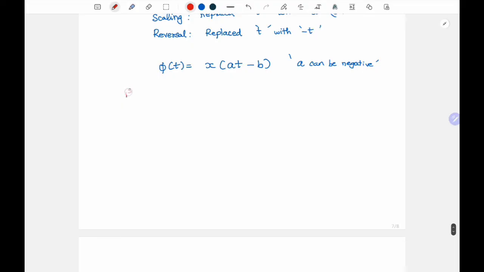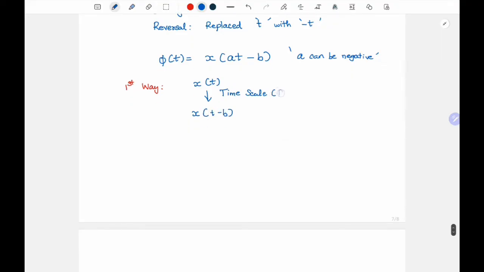So first way. What I have is x of t. Then what do I do? I first time shift. Okay. So what will I get? I will replace t with t minus b. Right?